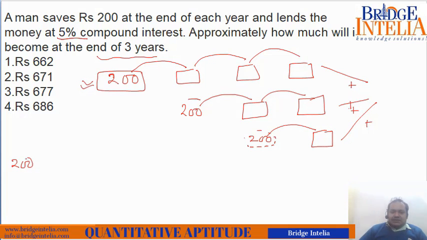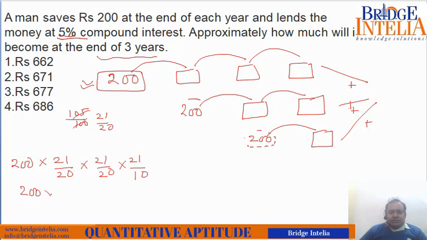So 200 rupees, how much will this become? This increases at a rate of 5%. So 105 by 100. This can also be written as 21 by 20. So this is what will happen to the first amount. To the second amount, only 2 years.